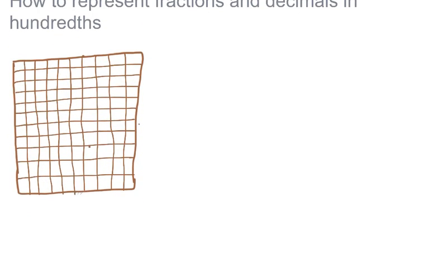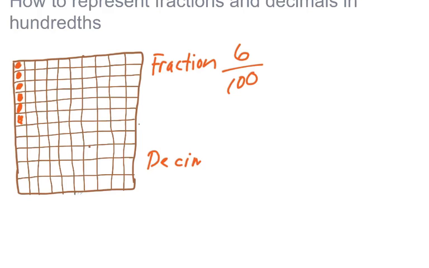And now let's look at just one more example. Again, let me change my color. Here, my fraction is going to be 1, 2, 3, 4, 5, 6. My fraction is going to be 6/100ths. And then what about my decimal? How am I going to write my decimal? Again, make my place value chart.